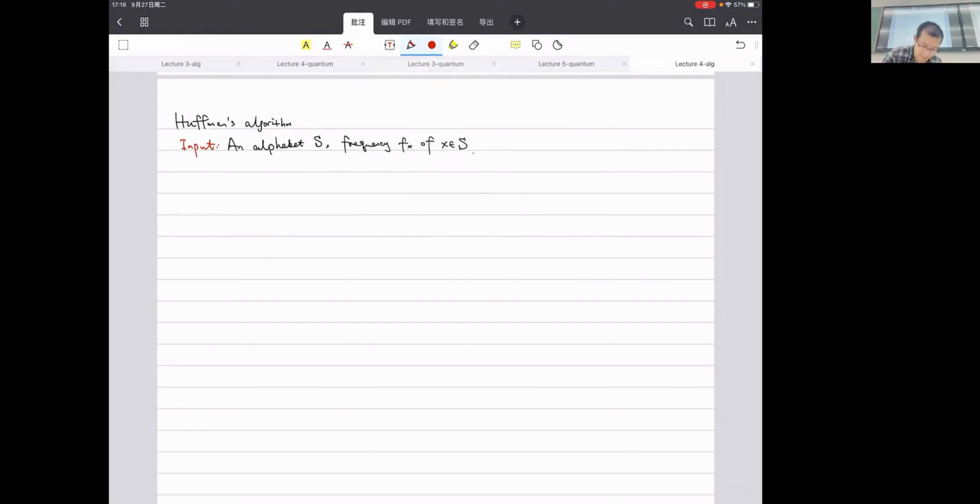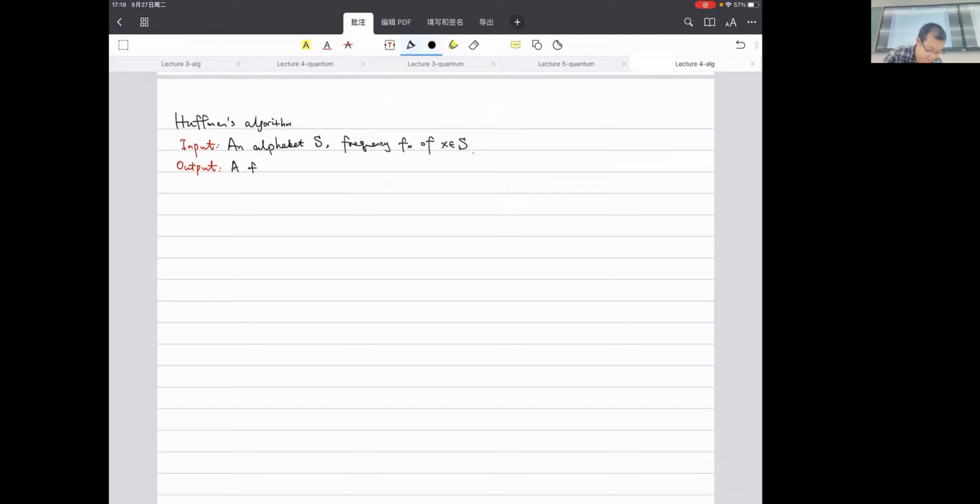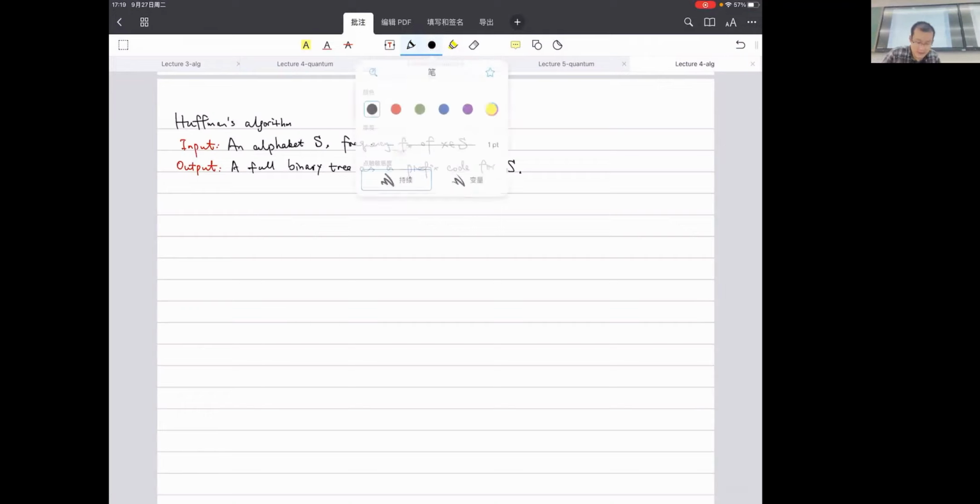And the output is a full binary tree as a prefix code for S. So let's write down the algorithm. It's basically something like this.